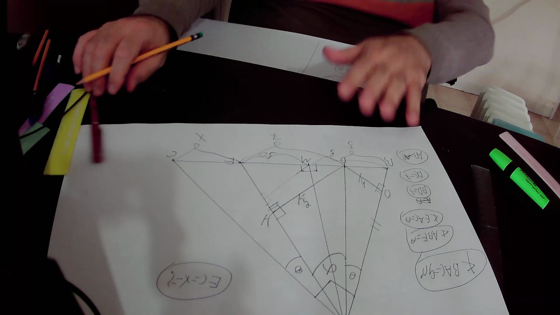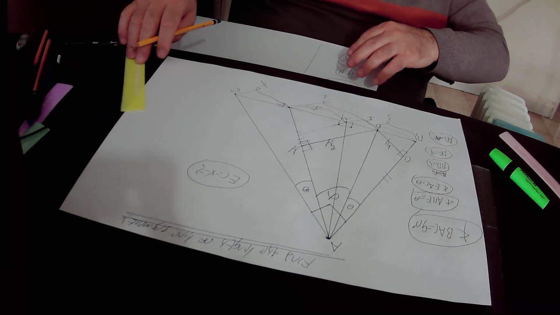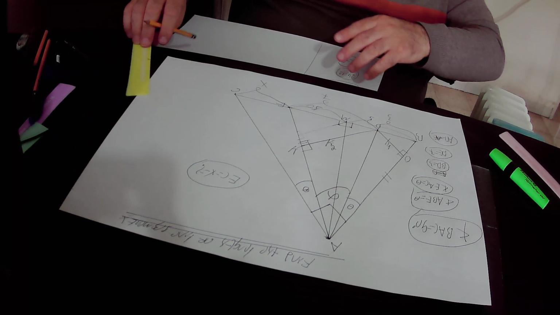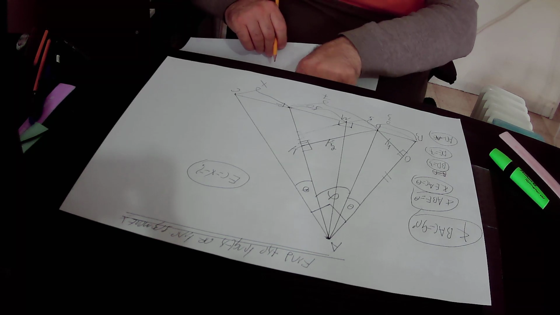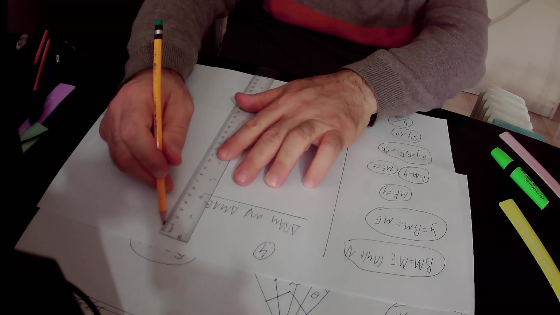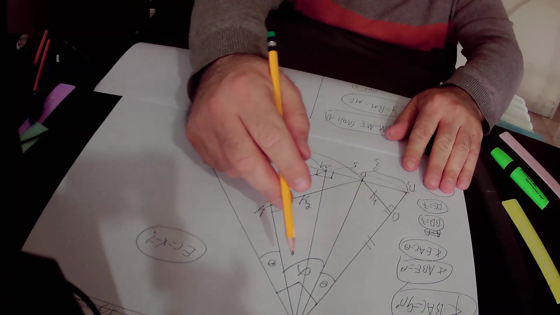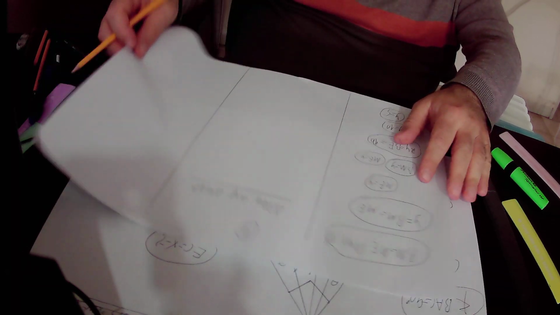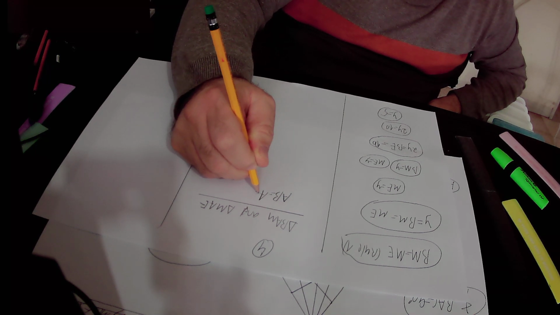Actually, in those two right triangles, we will prove that those two right triangles can go into each other. Why can they go into each other? First of all, according to what is given in the question, AB equals AE.